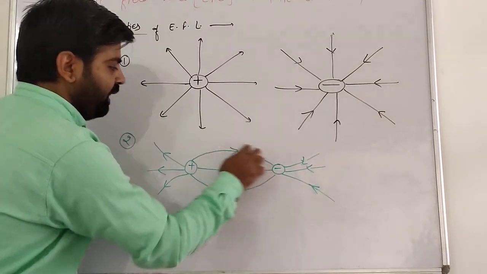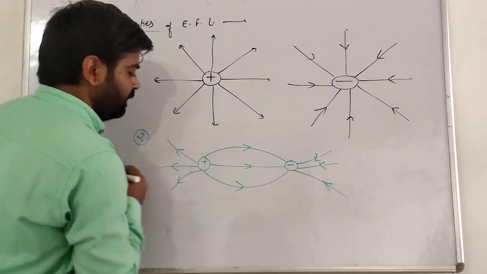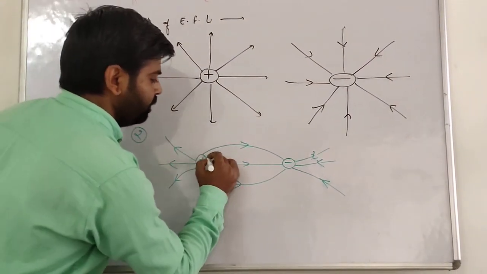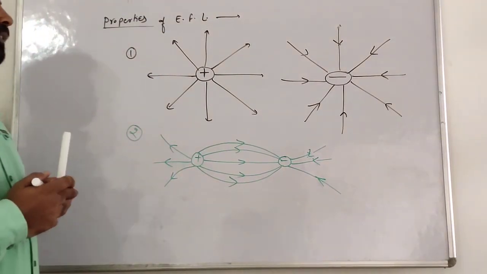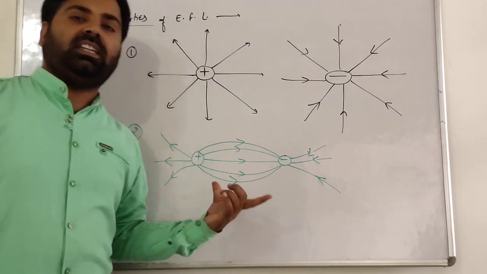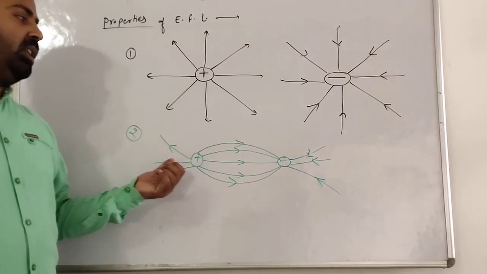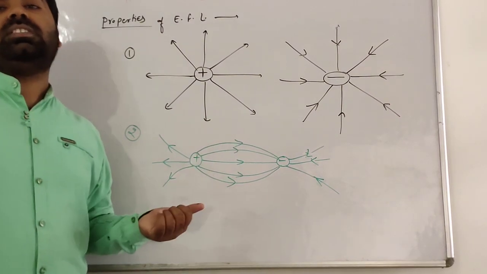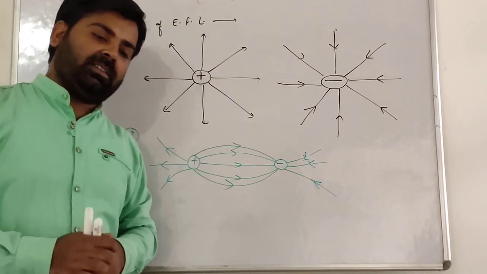In this way, the field lines look like a straight string. So the third property is when we put opposite charges close to each other, then field lines look like a straight string, which shows that opposite charges always attract each other.